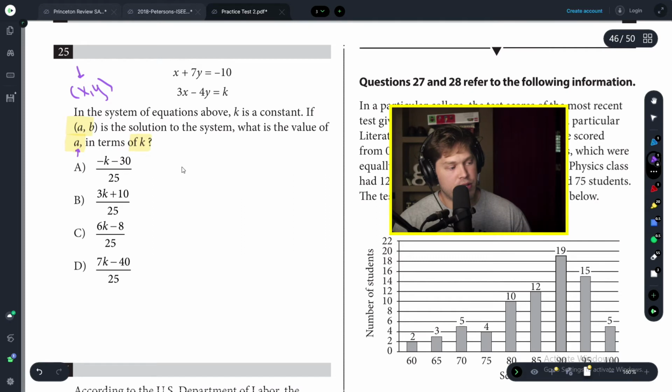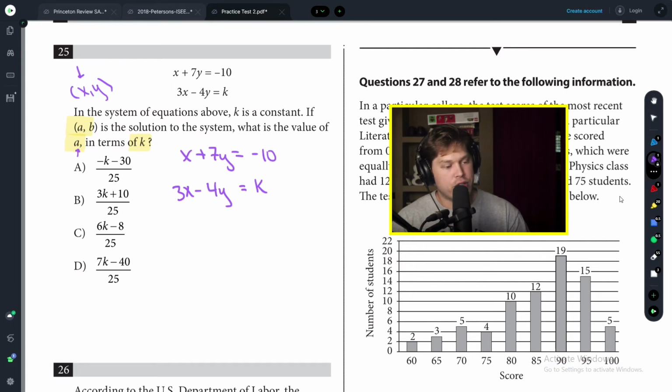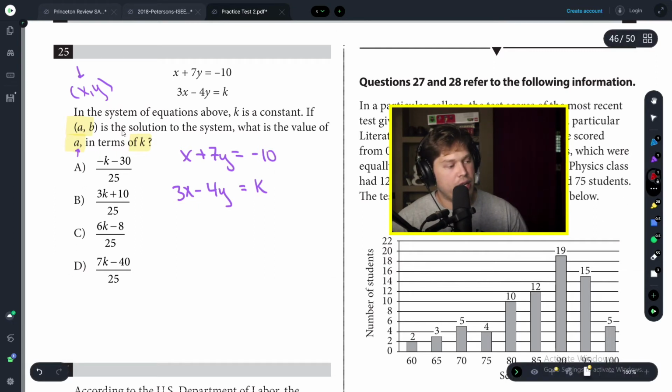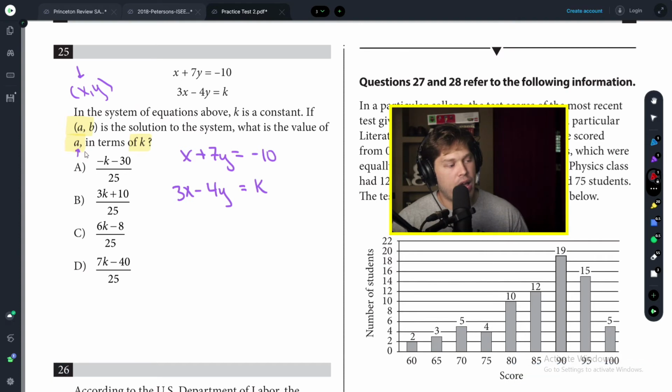So how can we do this? So we have x plus 7y equals negative 10 and 3x minus 4y equals K. So if I'm going to use the elimination method, and if we're wanting to solve for our x value, we want to eliminate our y values. So how can we eliminate our y values here?